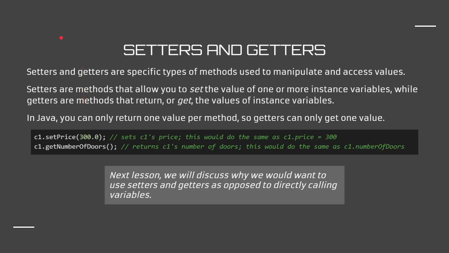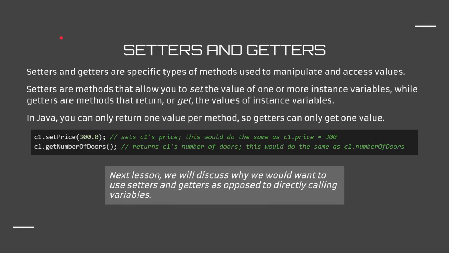Okay, so setters and getters. Setters and getters are specific types of methods that are used to manipulate and access values. Setters are methods that allow you to set the value of one or more instance variables, while getters are methods that return or get the values of instance variables. So, setters and getters aren't special types of methods, they're just the names that we give to methods that we use for these purposes.